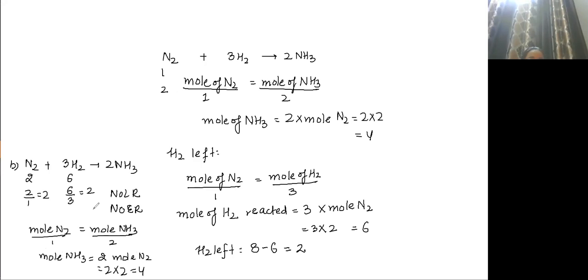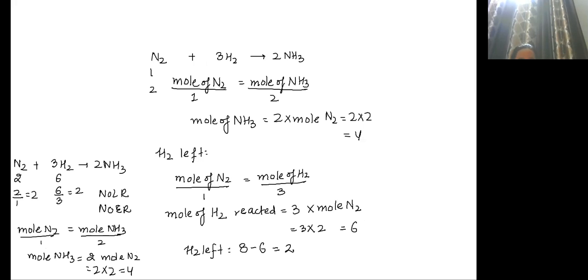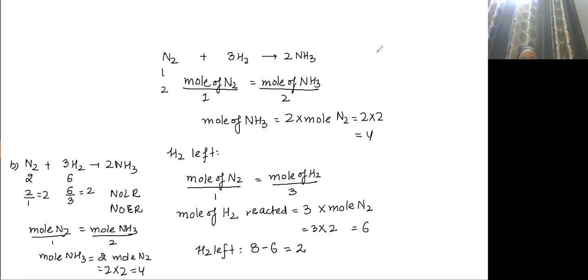Or instead of this, you can also use the H2 relation. That moles of H2 by 3 is equal to moles of NH3 by 2.